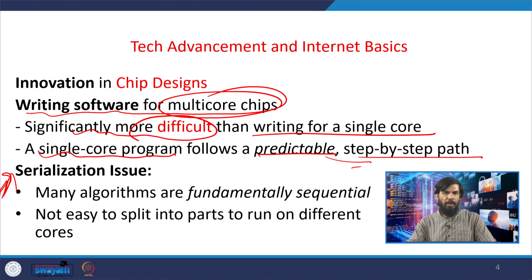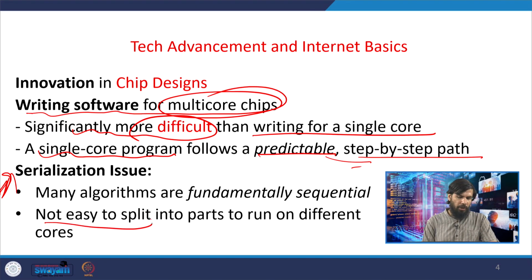So many algorithms are fundamentally sequential, and they will not benefit from the multi-core chip architecture, because of the nature of the algorithm itself. It is more like serialized steps.